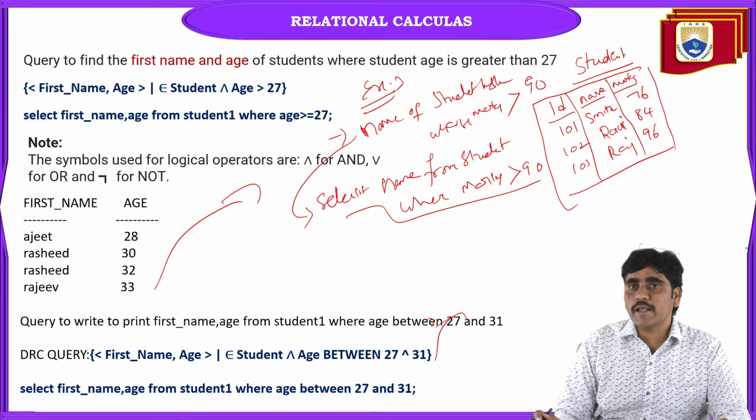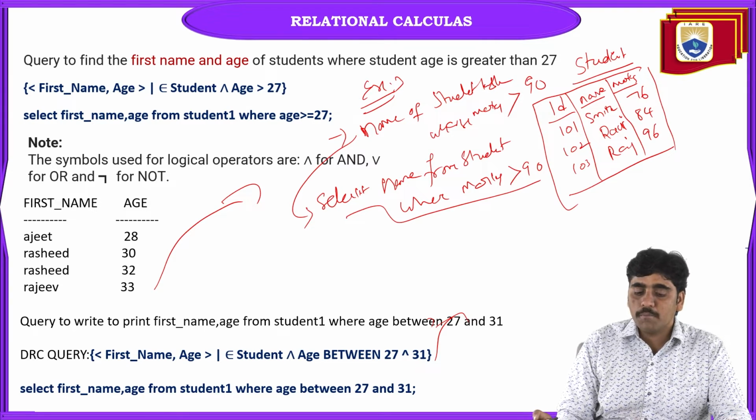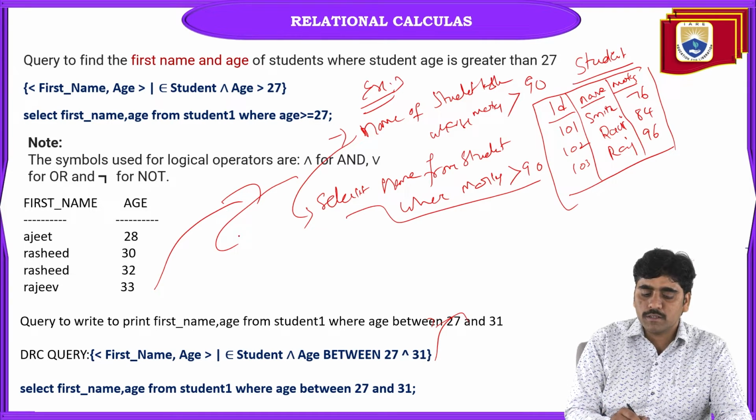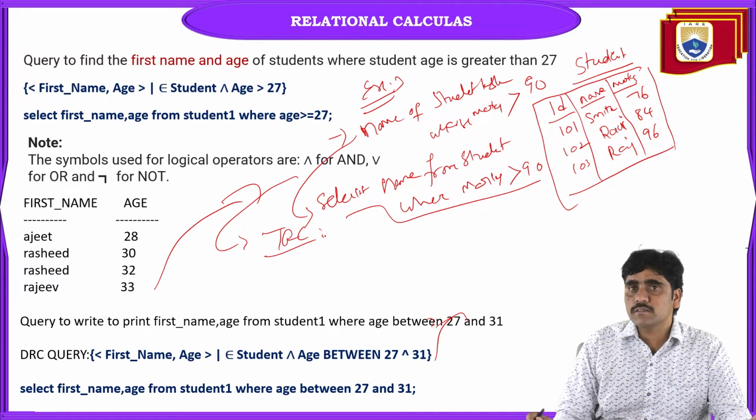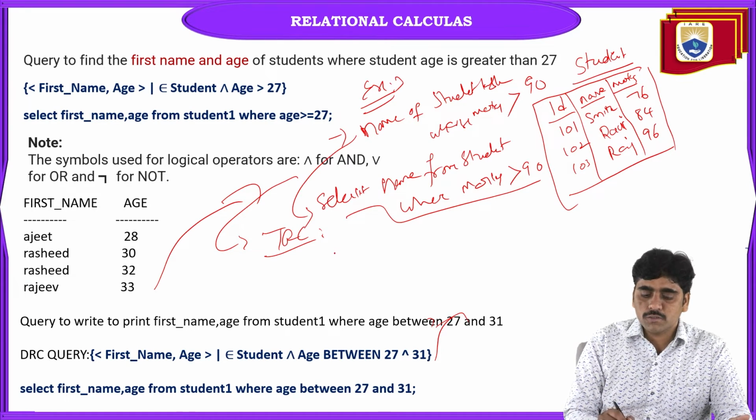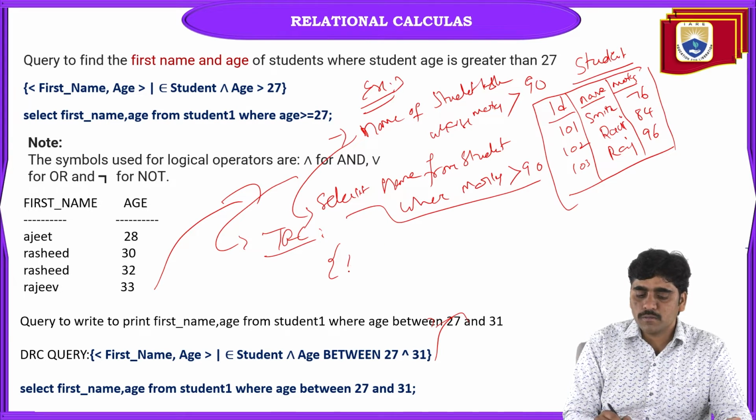This is the procedural query and I can execute it. But I have to write this query in TRC, Tuple Relational Calculus. How can I write it? What do I need to display first? I want to display T dot name.